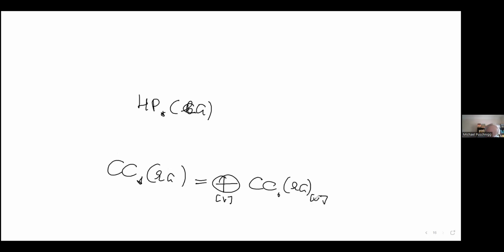This is because the algebra of differential forms over KG decomposes according to the conjugacy classes. But in order to calculate this, I have to complete here. And the completion gives you something which is not a direct sum.